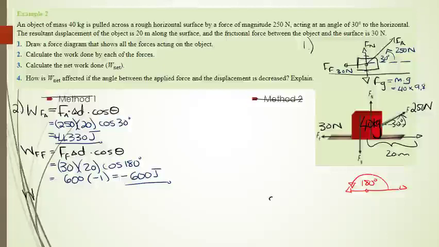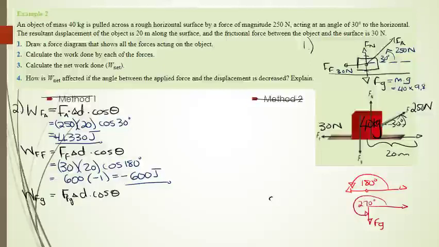Then we want to find out the work of our gravitational force, which we can write as Fg times delta d times cos theta. Now, remember we go in an anti-clockwise direction, the movement is in the right-hand direction. Our gravitational force is down. Therefore, the angle we're dealing with is 270 degrees.